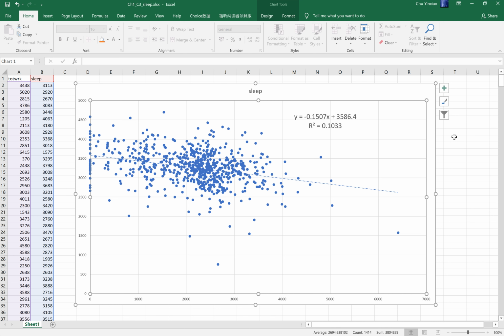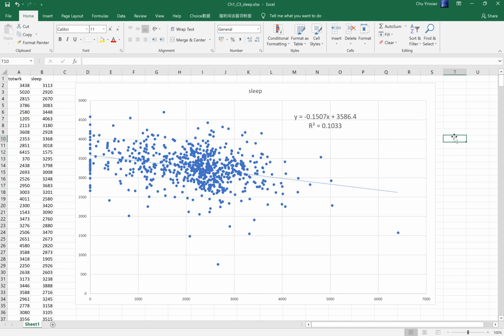And on average, how many hours is this? 3,586 divided by 60 is the hours you sleep during the week, right? And on average, 7 days per week, so divided by 7, on average people sleep 8.5 hours per day, okay? So it's quite long to me, anyway.